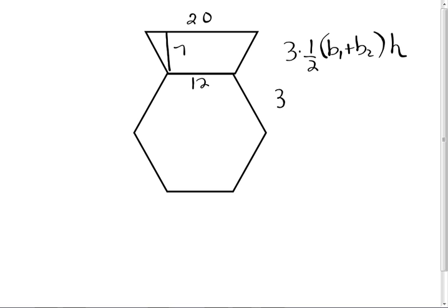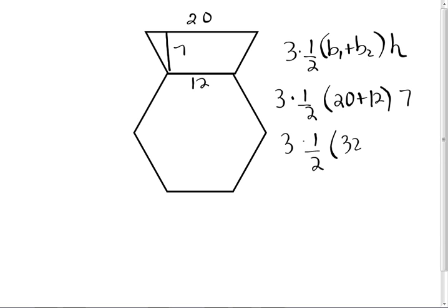So it's 3 times 1/2 of the sum of the bases, 20 plus 12, and the height is 7. And 20 plus 12 is 32. So it's 3 times 16 times 7, and it turns out to be 112 times 3, 336.